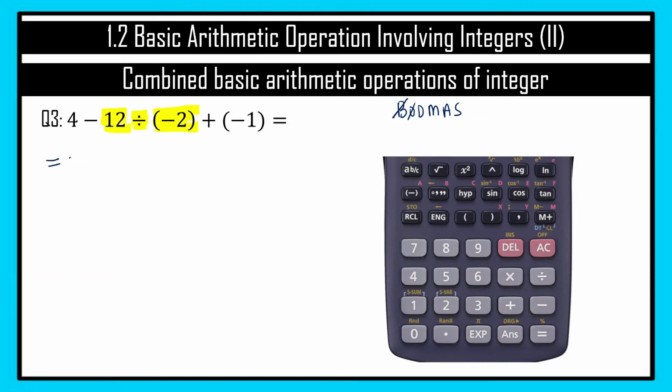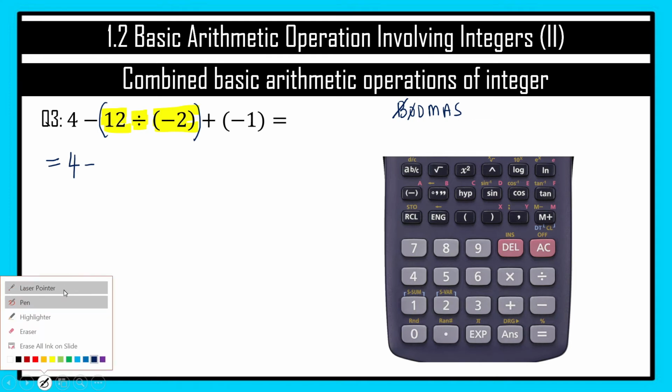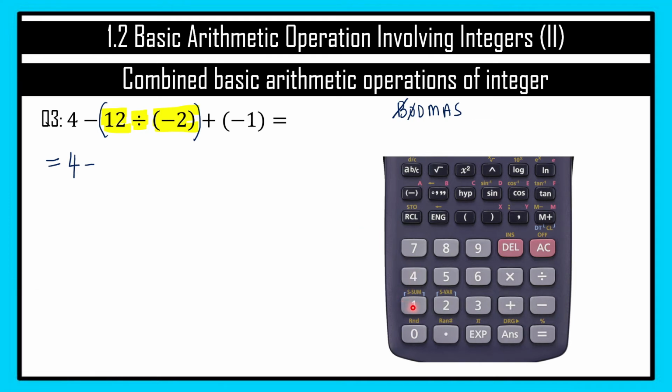I have not touched 4, so I copy it down. I have not touched minus, so I'm going to copy that one down. Now I'm going to do this one first, which is 12 divided with negative 2. You can use your calculator to calculate that for you: 12 divide with bracket negative 2, close your bracket.